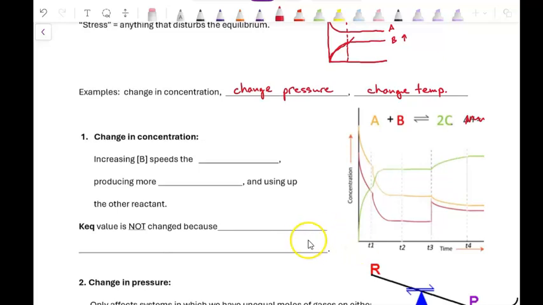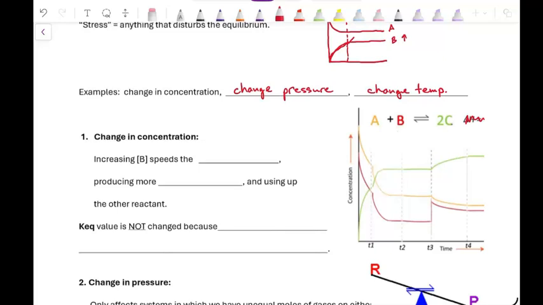If I increase the concentration of B, and I'm talking about at time equals 3, right down here, you can see a big spike in the concentration of B. What that represents is somebody is taking this reaction system and actually dumping in more of substance B. All right.